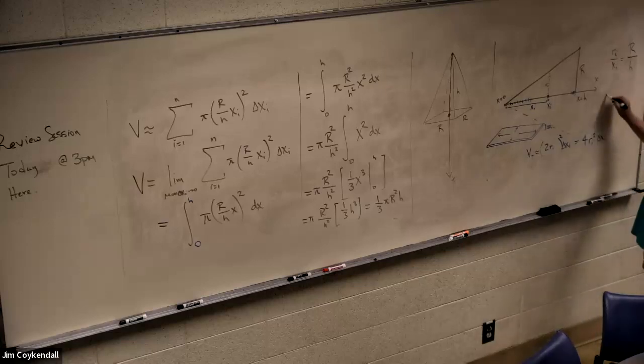This gives Ri is R over H xi. That's the same thing.